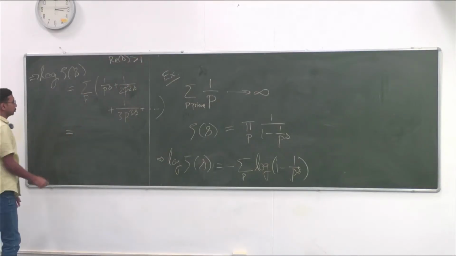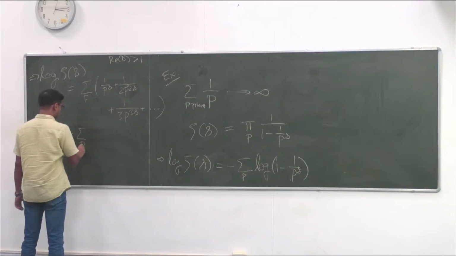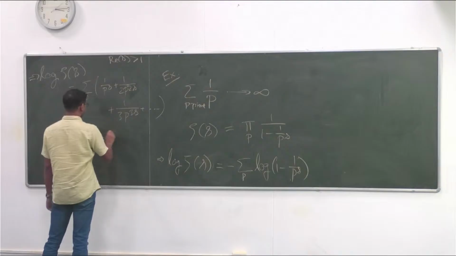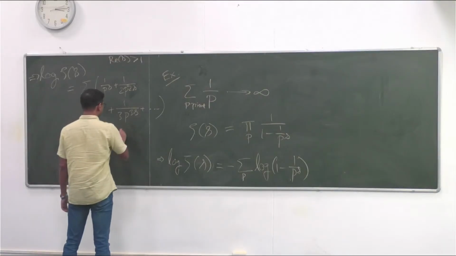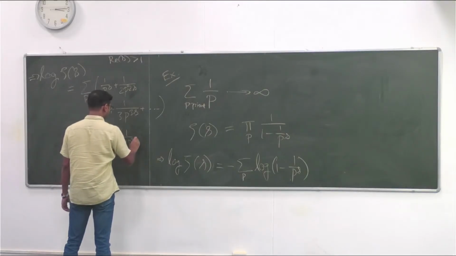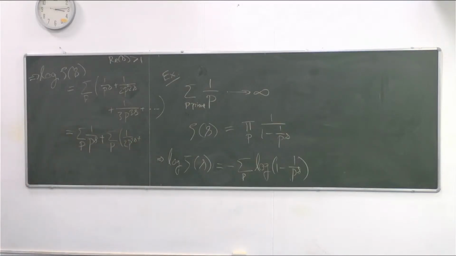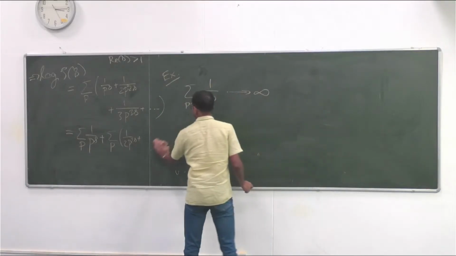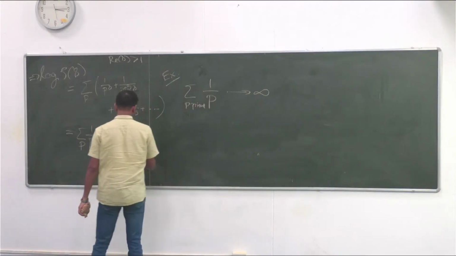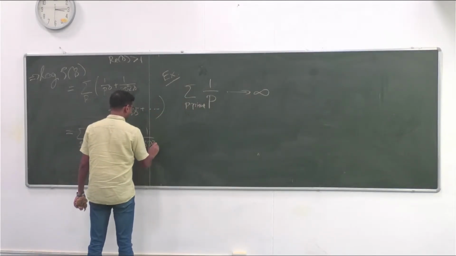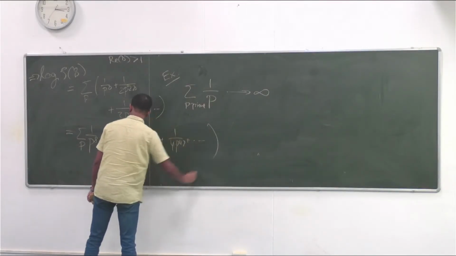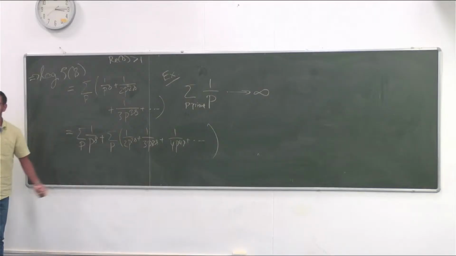So you are allowed to do this: sum over p 1 by p power s plus the sum over the rest of the things, that is 1 by 2 p power 2s plus 1 by 3 p power 3s plus 1 by 4 p power 4s, etc. Okay, so now proceed from here.